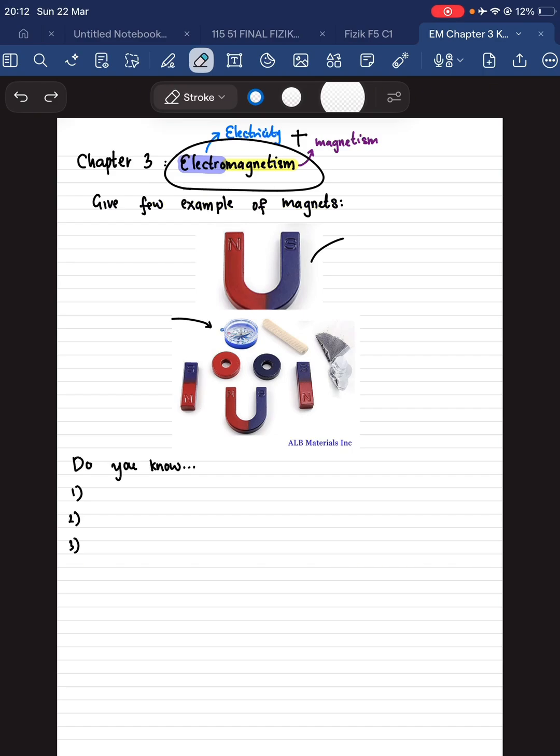And yeah, let's give a few examples of magnets. So maybe you are familiar with this U-shaped magnet, okay, which is a permanent magnet. You can see the red part is actually the north pole, and the blue one is the south pole, right?